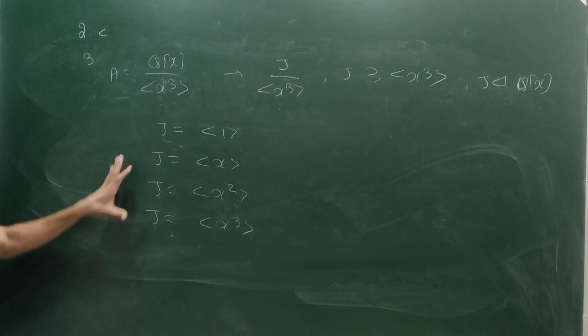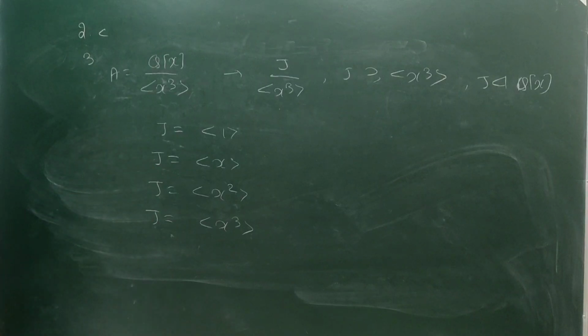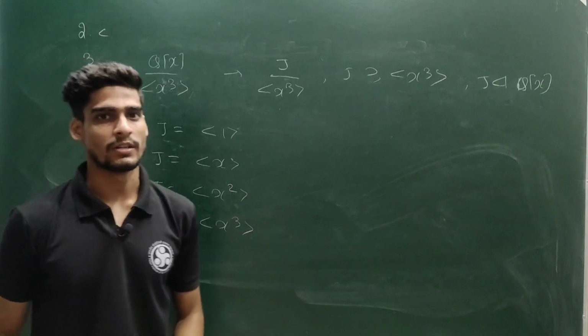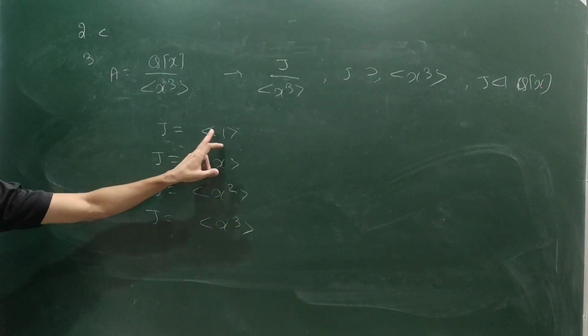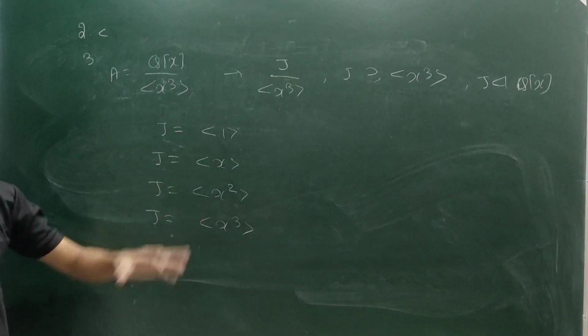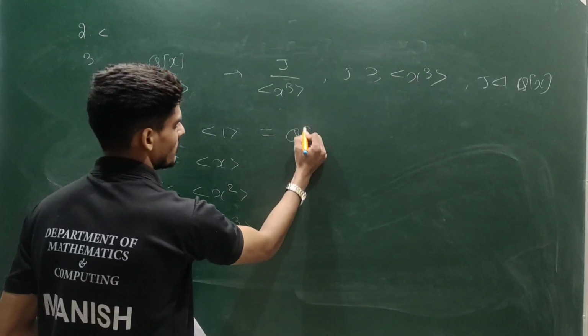So these are the possible choices for J, and you can observe there is no other choice for J other than these four. If I choose J to be 1, and any ideal contains a unit element, J becomes the whole ring.